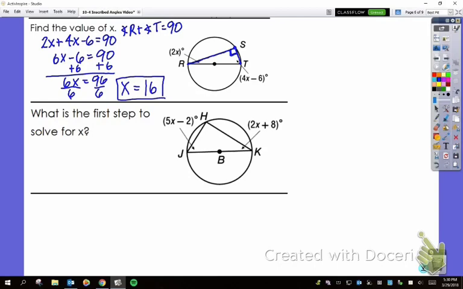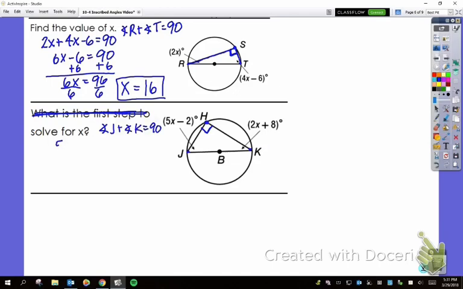Now, if they would have asked you for the angle measure, then you would just plug it in and get the answer. Now the second one says just what is the first step, but we're just going to solve. We're going to go ahead and solve for x. Again, we're looking at this angle, angle H. Its endpoints are on J and K, which means it's a 90-degree angle. Which means that angle J and angle K have to add to equal 90.